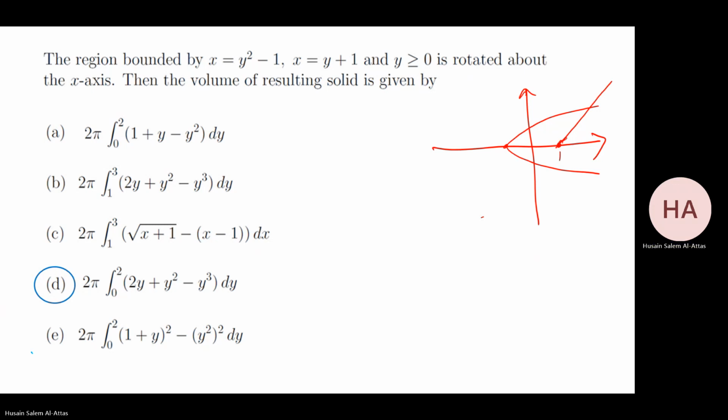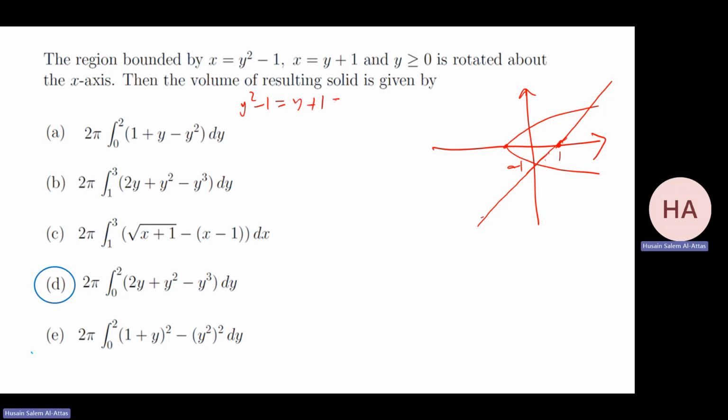At x equals 0, y will be 1, so it will pass through this. Y equals minus 1 gives me x equals 0 for both. So this is minus 1. Now I want to find the points of intersection, so I equate these two functions.